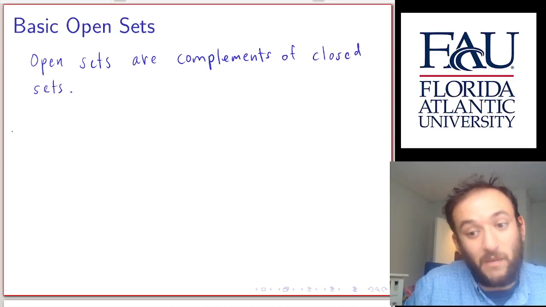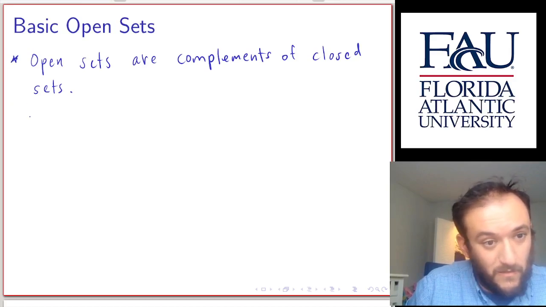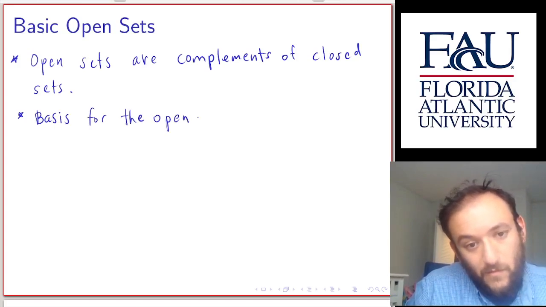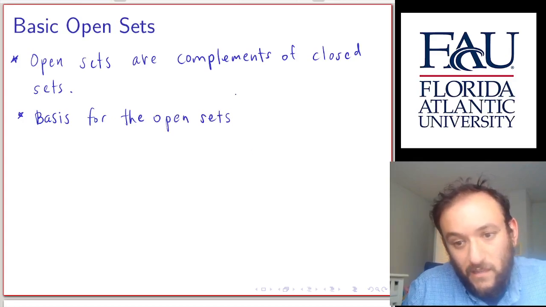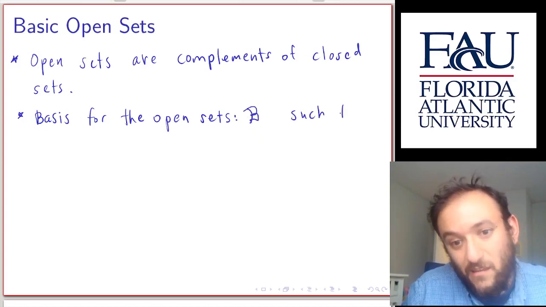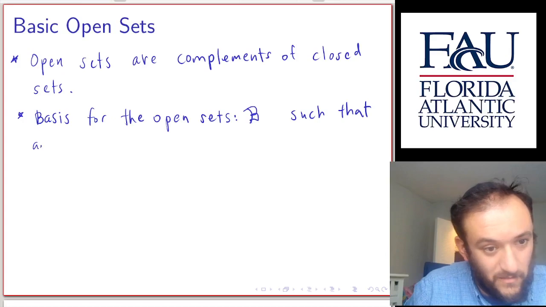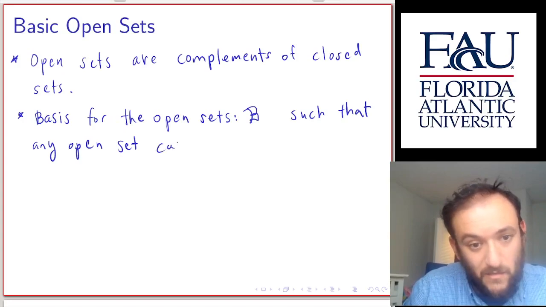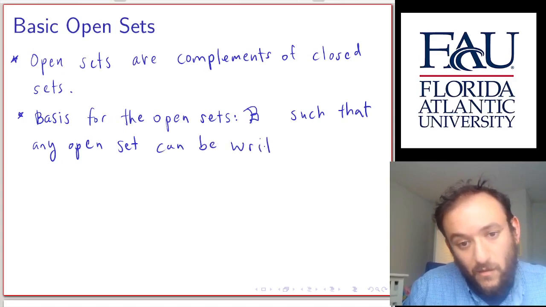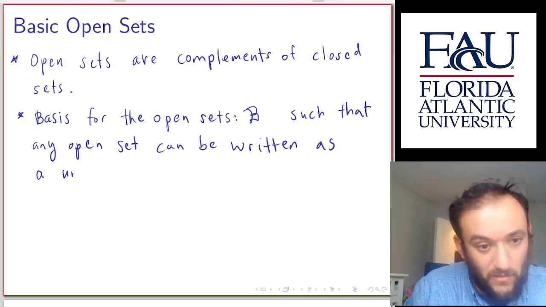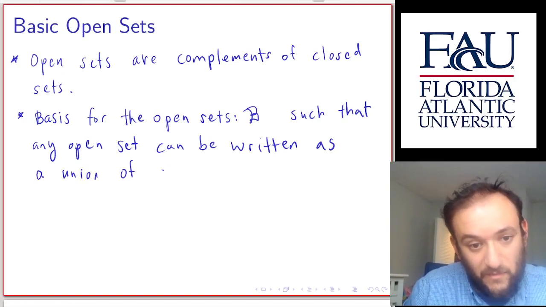And a basis for the open sets is a collection B such that any open set can be expressed as a not necessarily finite union, just as a union, of elements of B.